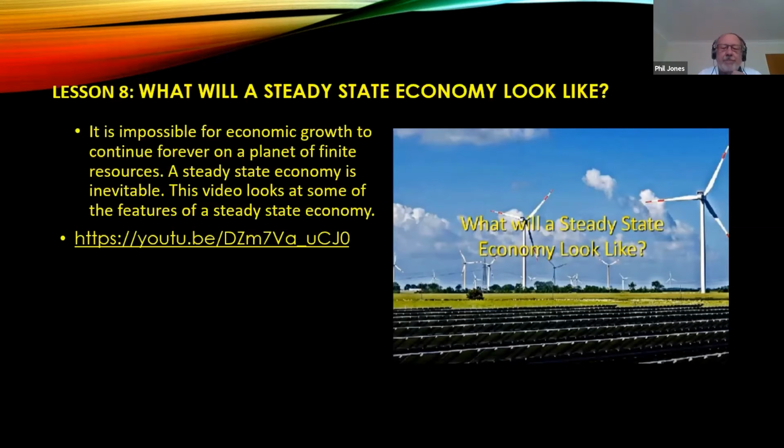I'll point out the requirement of renewable energy. We have 100% renewable energy, a possible decrease in the global population, national parks or world heritage areas ensuring biodiversity, recycling, repairing and reusing.